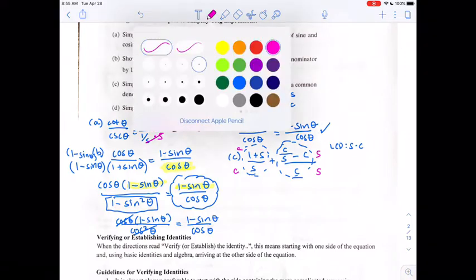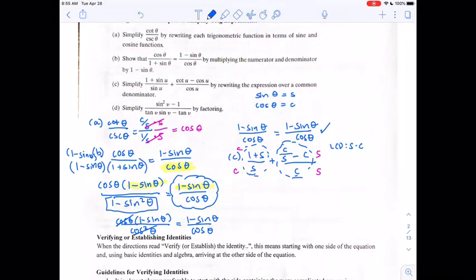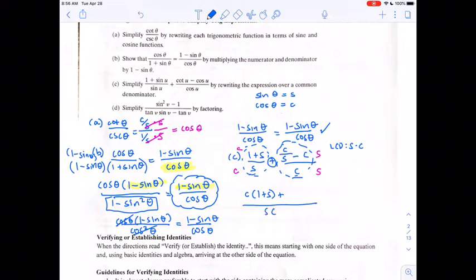So let's go ahead and rewrite that as c times 1 plus s. That's on the left side of my fraction. I'm going to take the plus sign, put it in between. Now we're going to have a single fraction all over sc. And then the right hand side, you have c over s minus c times that quantity times s.